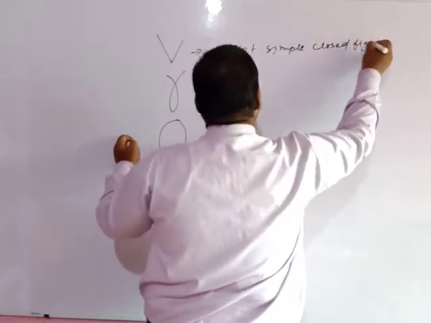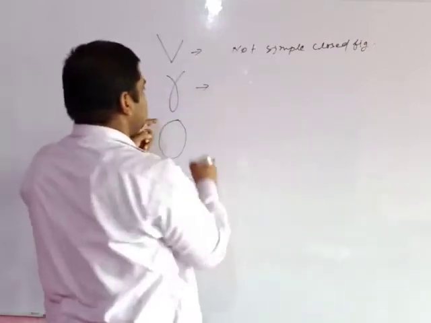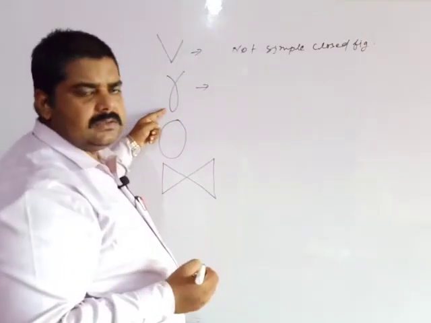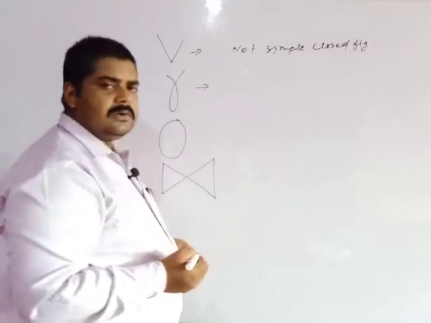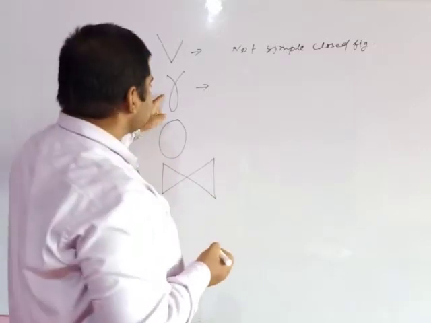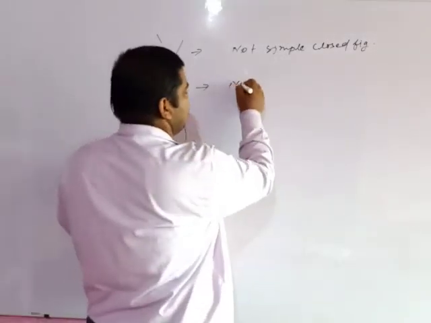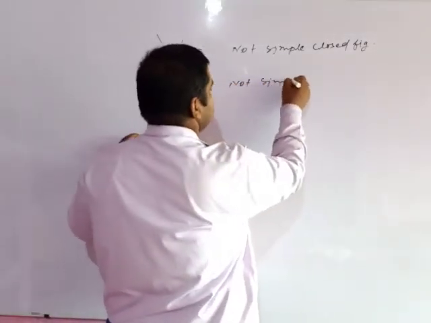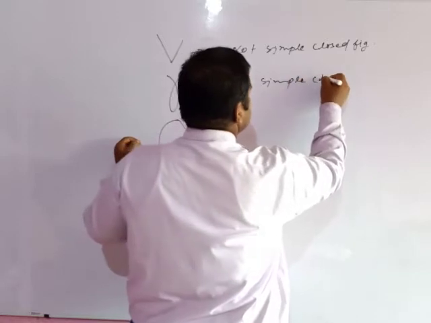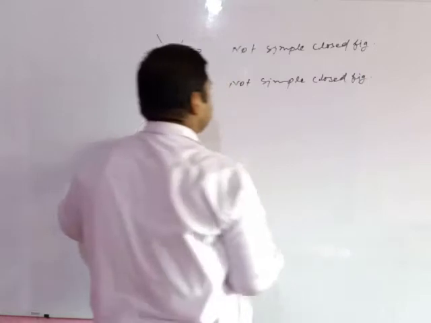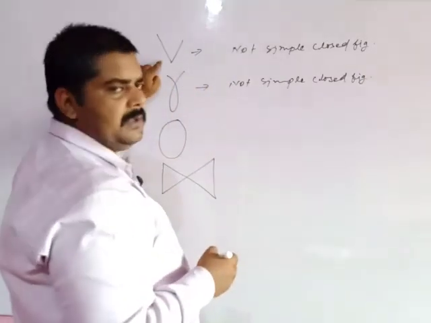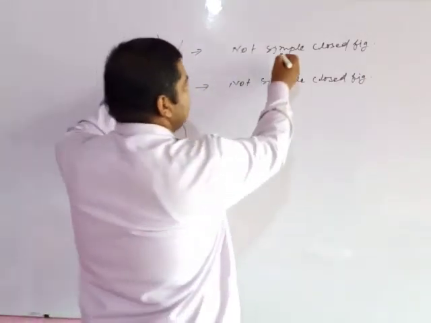This is the first one. This figure also cannot be called a simple closed figure. It is not closed, so there is no chance for it to be simple.